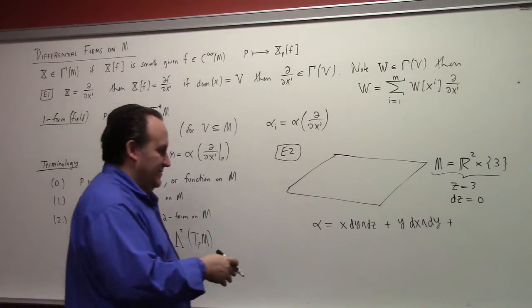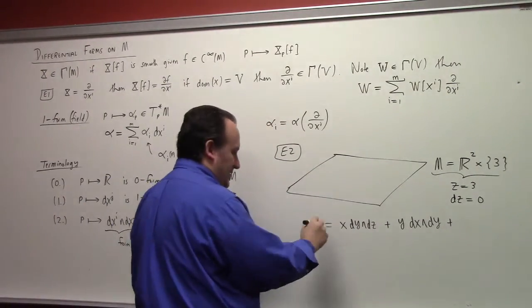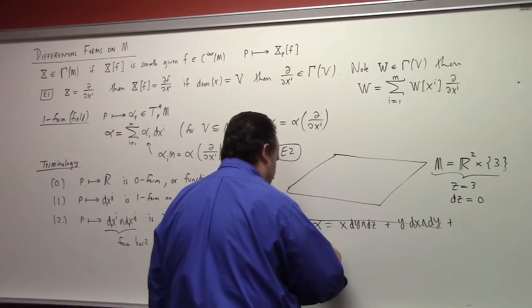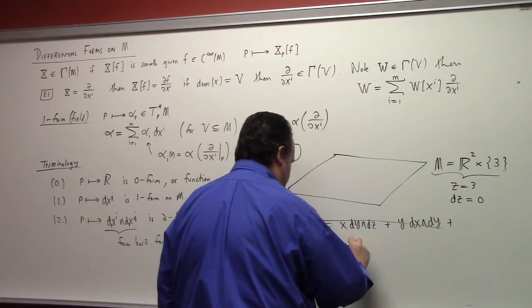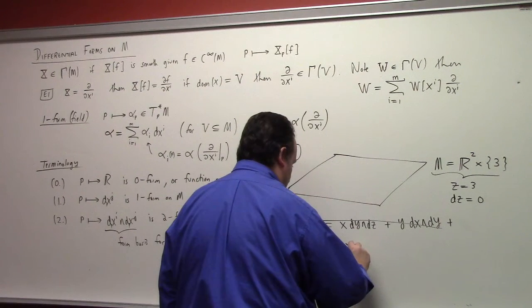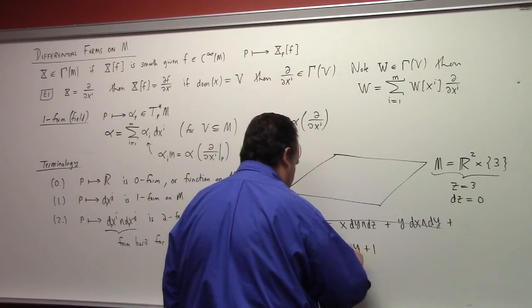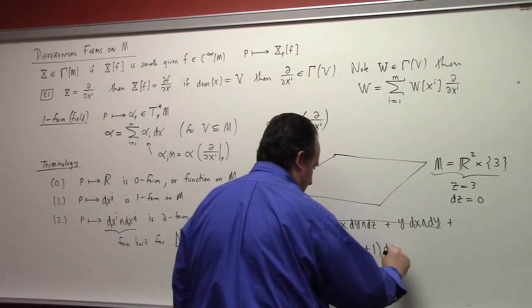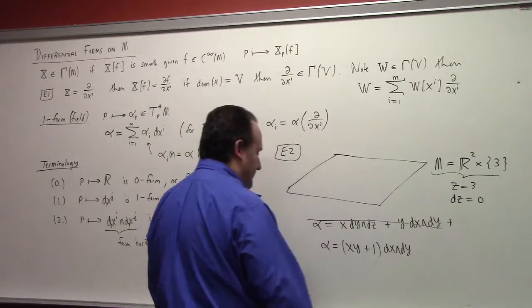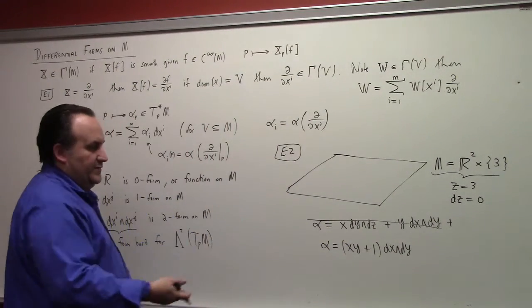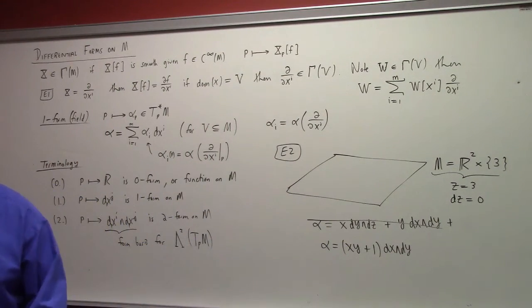So this is not quite what I want, I really should say something like alpha is x, maybe xy plus 1 dx wedge dy, okay, something like that. There we go. That would be a two form on this manifold.